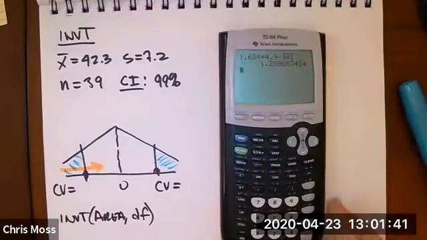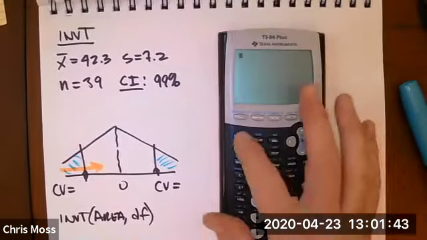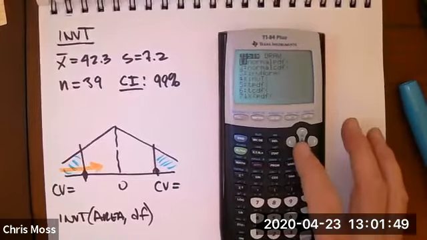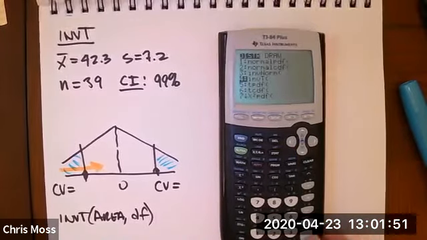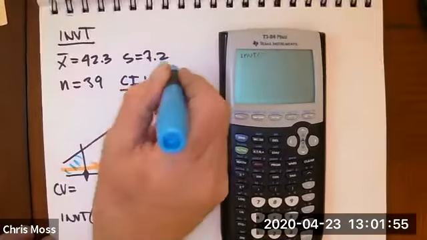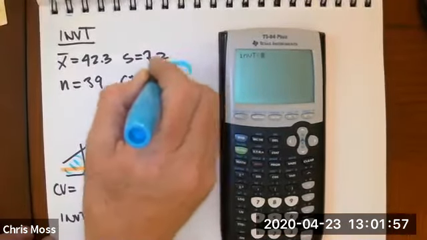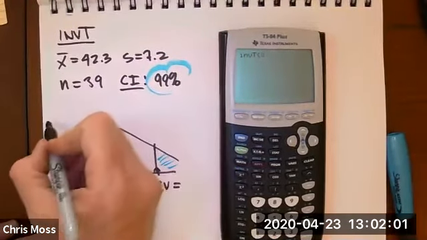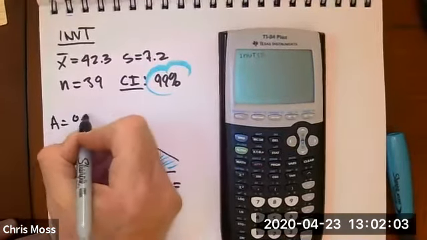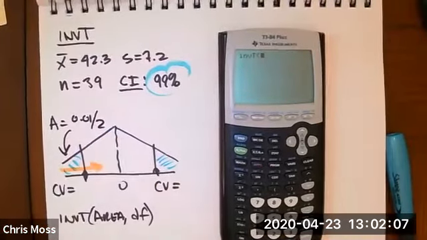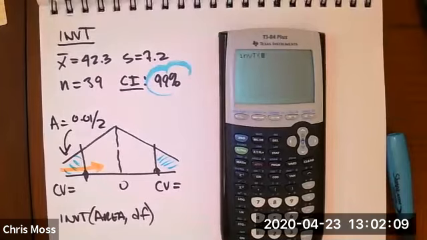Here's my calculator. Second, and again, I pick up the distribution tool. I find the inverse T. And here again, this is the time I'm going to want to actually use the alpha over 2. So the area that I will use is 0.01 divided by 2, and that's the area of the left tail.